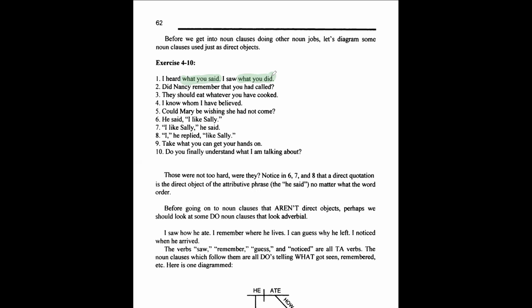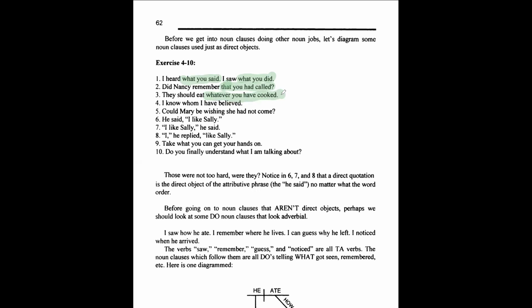What did Nancy remember? That you had called. So there's another one with an extra that. They should eat whatever you have cooked. Where is the noun clause here? Well, whatever you have cooked is what they should eat. So it's the direct object.